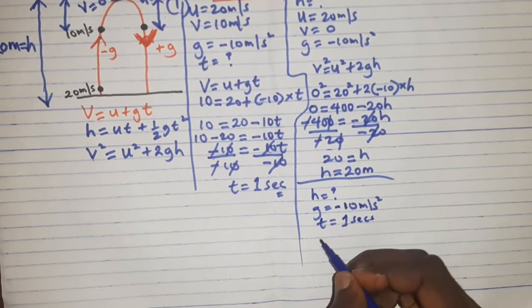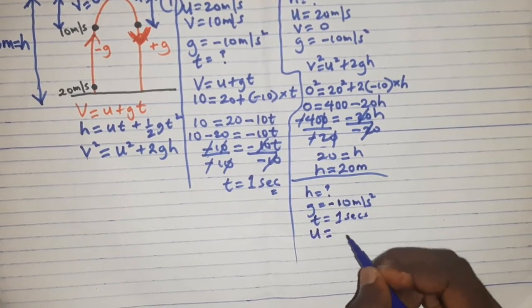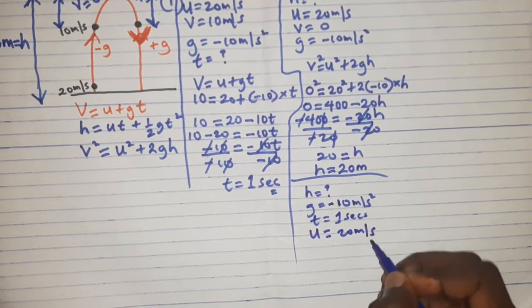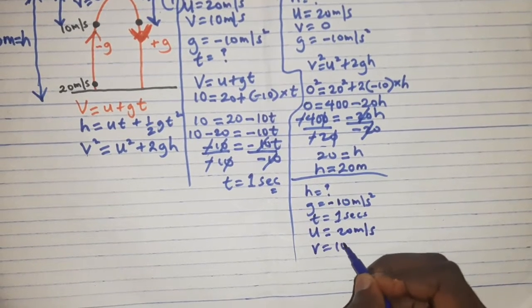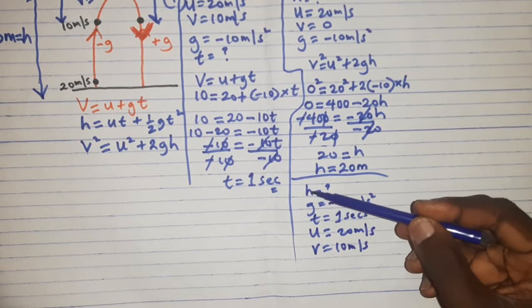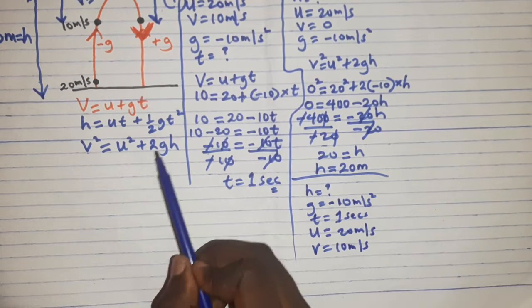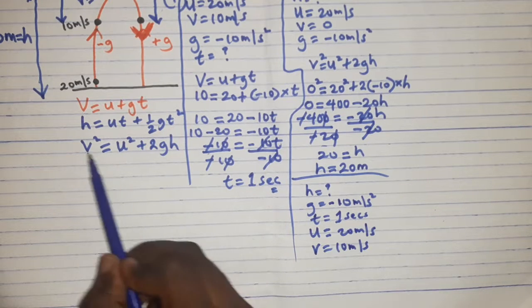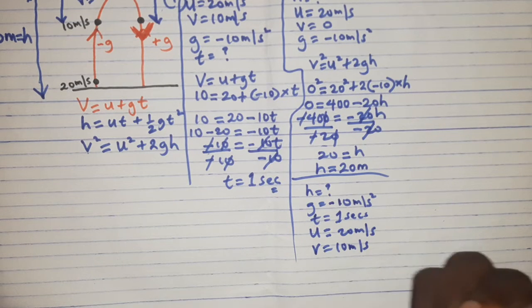What else do we need? Yes, the initial velocity is 20 meters per second. The final is now 10 meters per second. So we can exclude the time. We just have h, g, v, u. So this third equation also works out for us.